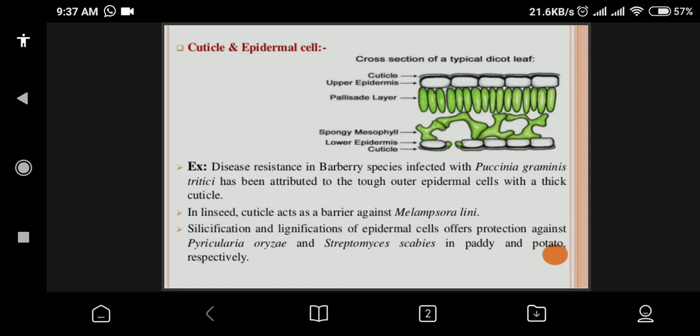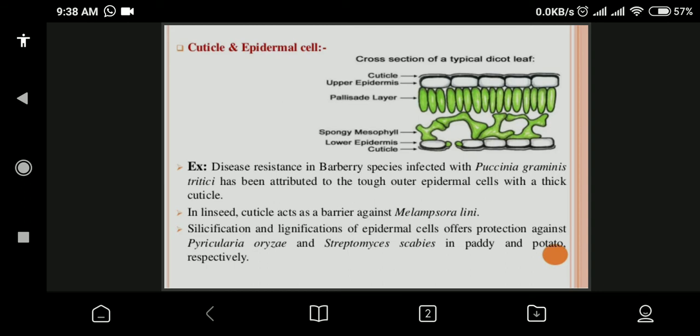Cuticle. This is the cross section of a typical dicot leaf showing the cuticle. Disease resistance in Barberry species infected with Puccinia graminis tritici has been attributed to the tough outer epidermal cells with a thick cuticle. In linseed, the cuticle acts as a barrier against Melampsora lini.